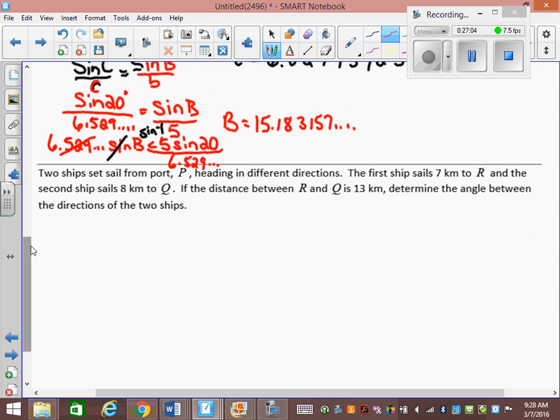Now this is that last one where you're going to be having 3 sides. So 2 ships set sail from Port P. 2 ships set sail, 1 ship, another ship.